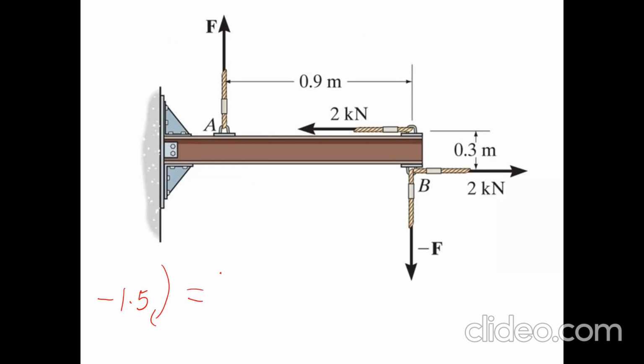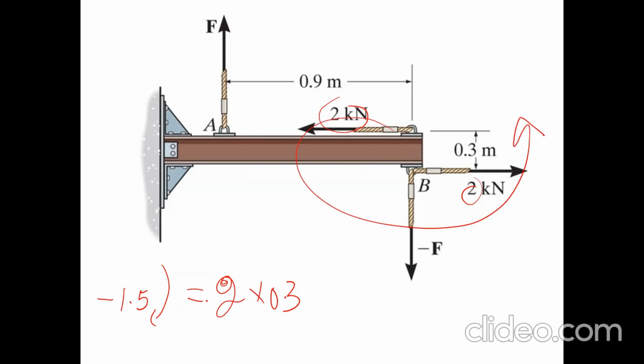That's going to be equal to the first couple, that's 2 times 0.3. Let's see the direction, how it's going to move. Because of this couple, it's going to create an anti-clockwise direction, that's positive. Let's look at my F. So F times the perpendicular distance, which is 0.9. Let's see which direction it's creating.